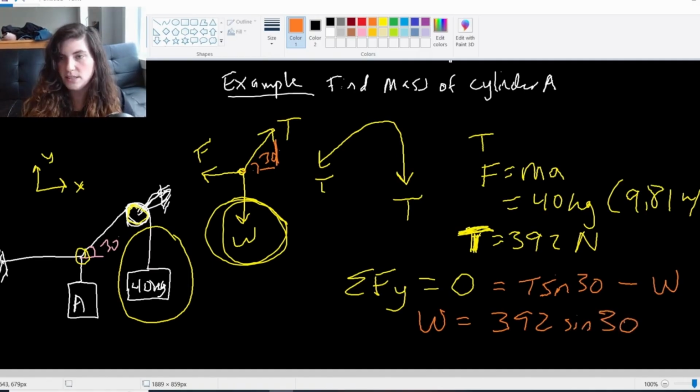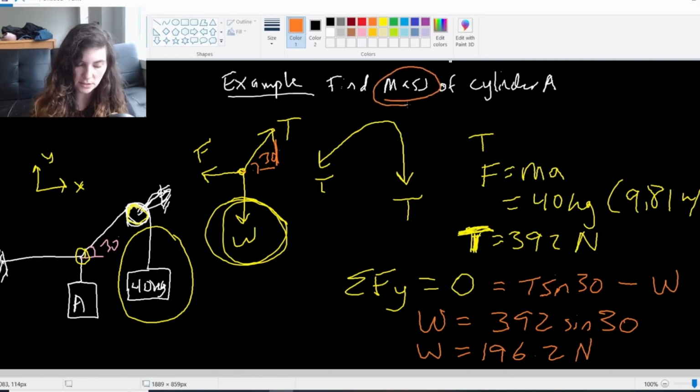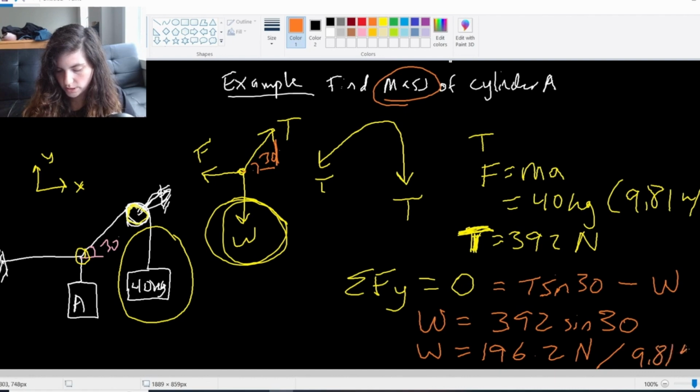When I punch that into my calculator, times sine 30, I get weight is 196 newtons. But they asked for the mass of cylinder A, so I'm going to divide out 9.81 meters per second squared, and what I get is 20. The mass of cylinder A is 20 kilograms.